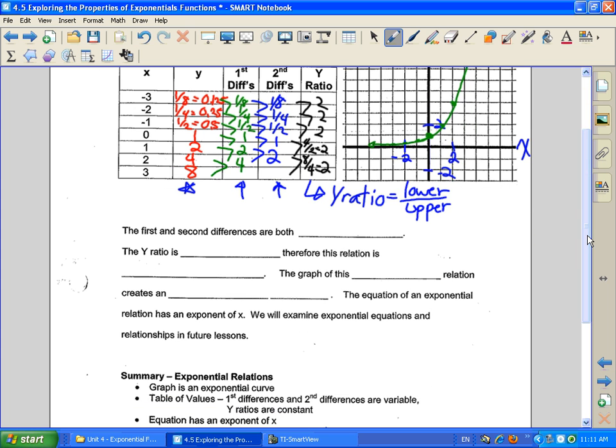All right, let's take a look. The first and second differences are both variable. Okay, the Y ratio is constant. Okay, therefore this relation is exponential.